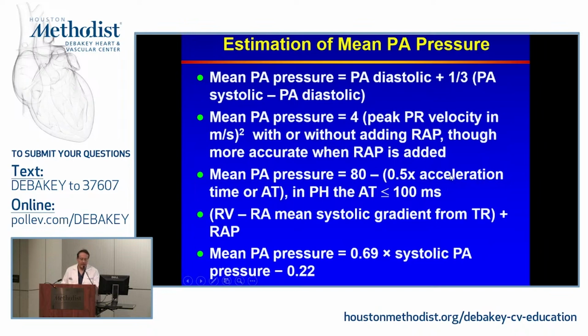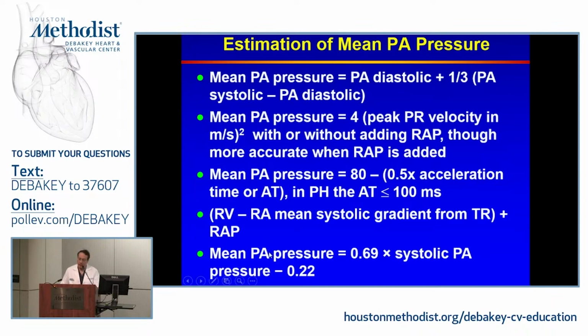So you put the acceleration time and you use that equation to come up with the mean PA pressure. In general, if you have a case of pulmonary hypertension, the acceleration time is at most 100 milliseconds. There are, however, other studies where a different regression equation is recommended based on what cutoff values you are anticipating in terms of PA systolic pressure.